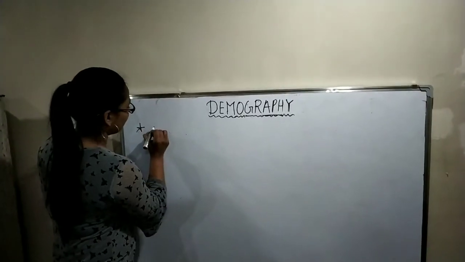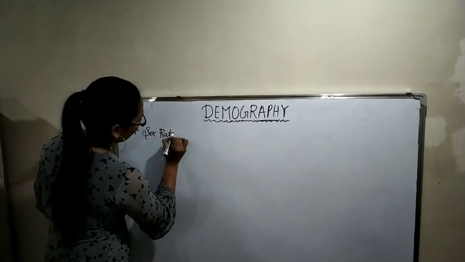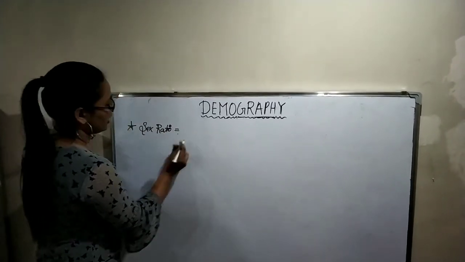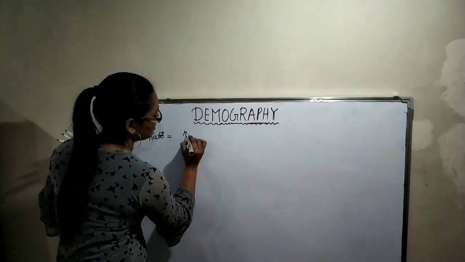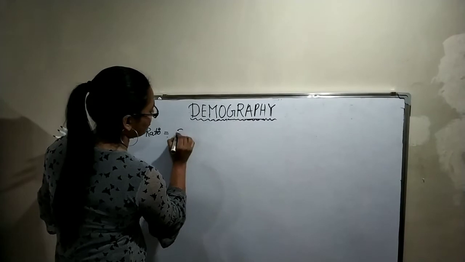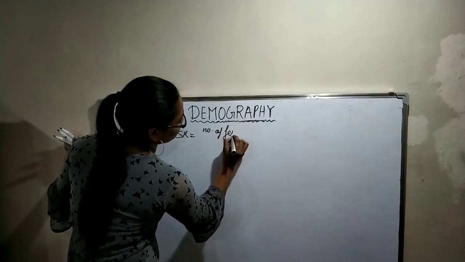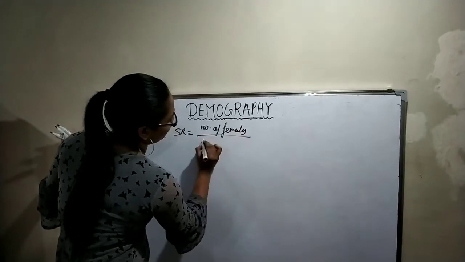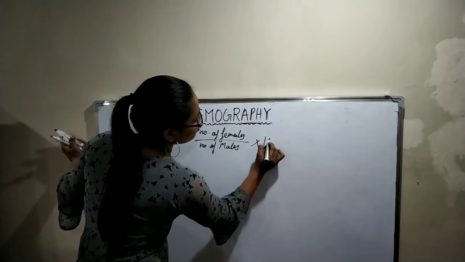So next, which is very important, is sex ratio. There is one formula to calculate sex ratio, which is sex ratio equals number of females upon number of males into 1000.